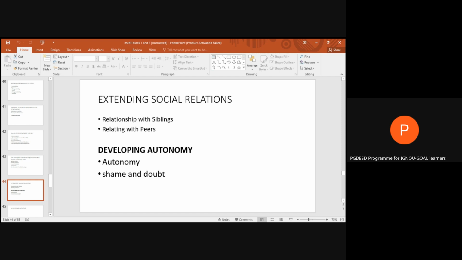Friends and age mates are an important part of one's life and have a great influence on one's personality. Many of us have lasting friendships with the peers we came to know in childhood. Play is a strong motivation to make friends.